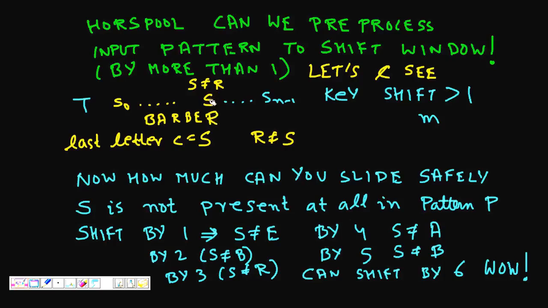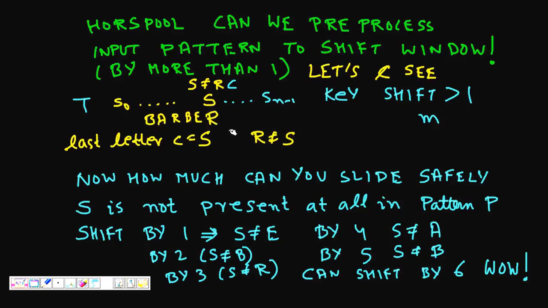These two don't match, isn't it? S is not equal to R. So we take the last character C from the pattern window, here C is equal to S, and we compare starting from right to left. So S is not equal to R.